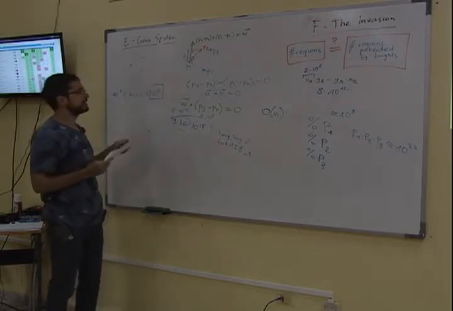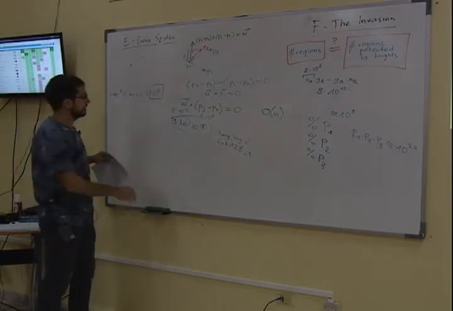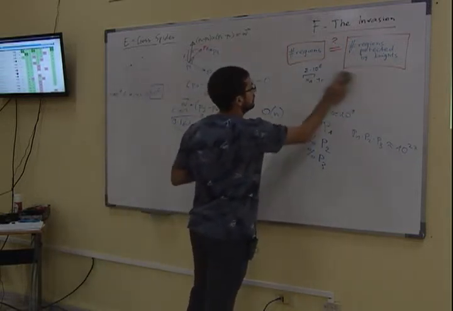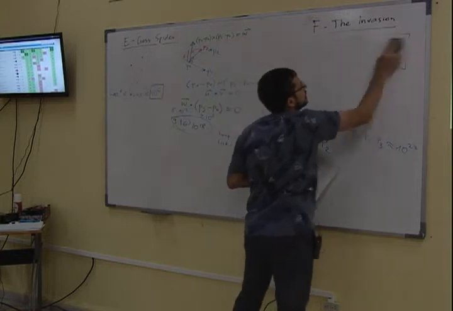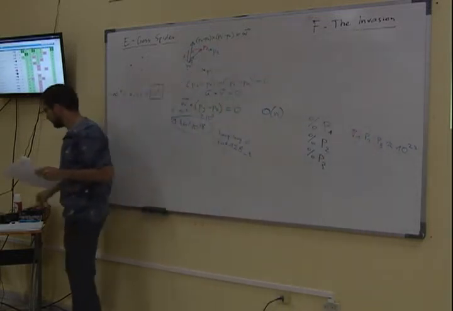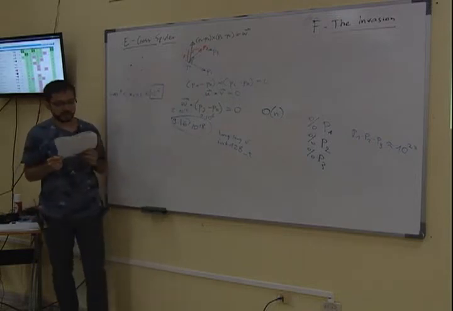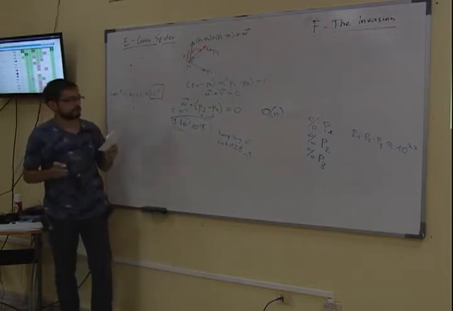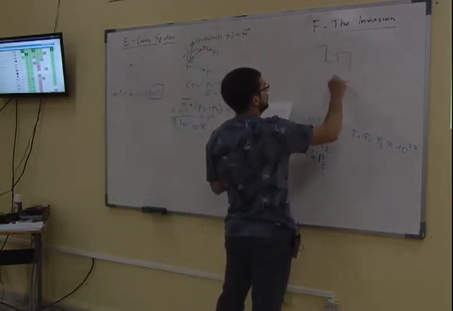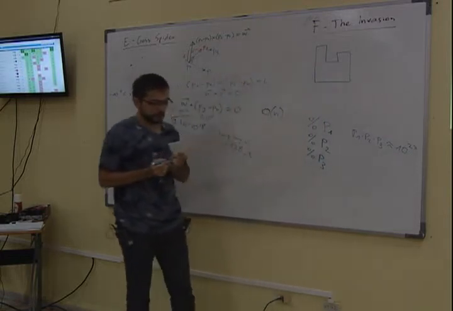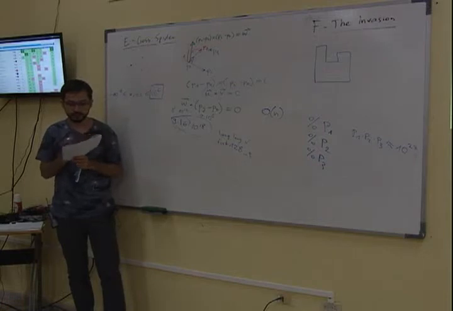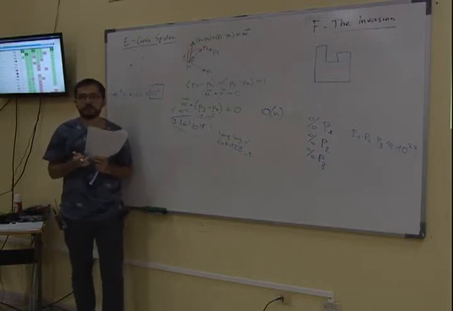Okay, let's try to do the scissors task. So I think I will give only a hint for this task, but I think it will be enough. In this task we have a polygon, and we would like to cut this polygon into rectangles using the minimal number of cuts.